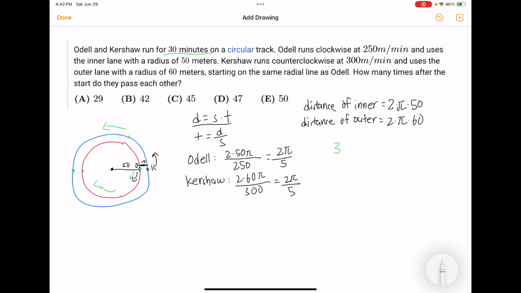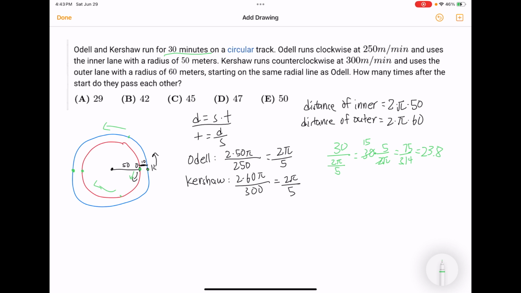So we would get 30 over 2 pi over 5. Solving this, we're just going to use pi as 3.14, and rounded to the tenths place, we get 23.8. So there are 23.8 laps run by both people.